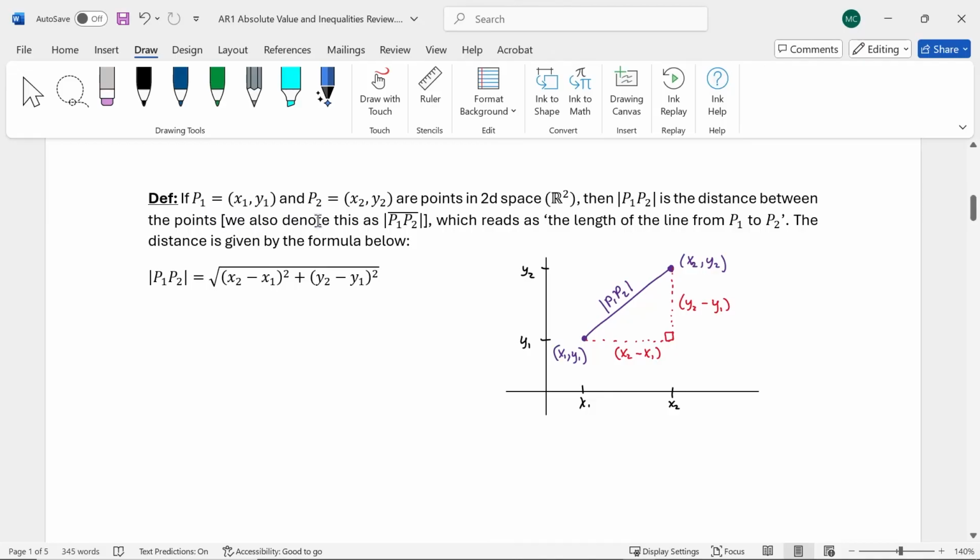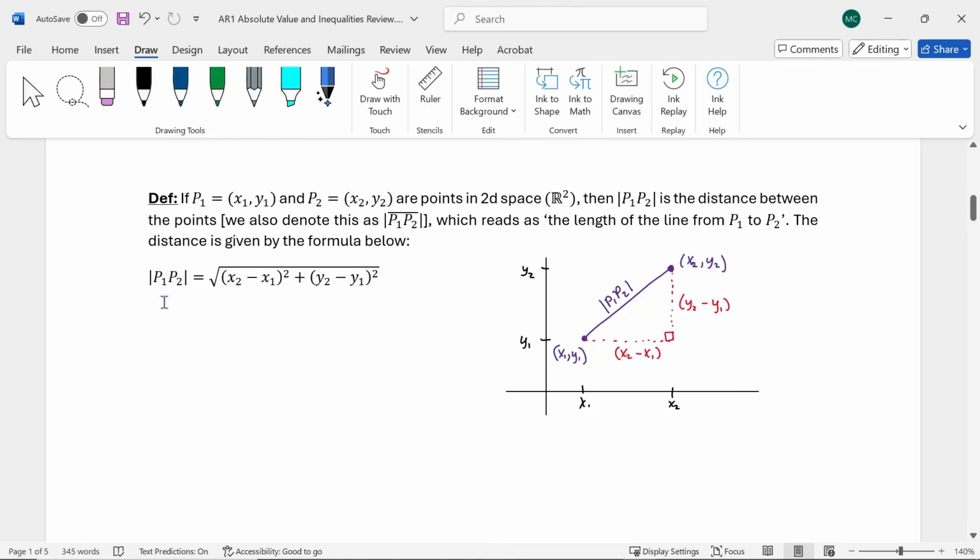So if P1 and P2 are points (x1, y1) and (x2, y2) respectively, then the distance between P1 and P2, that's the distance between the points, we're also going to denote this as P1P2 with a bar over it. Now, how do we read this? We read it as the length of the line from P1 to P2. Right? That's another way to read this. We can think of it as the distance between P1 and P2, or the length of the line from P1 to P2. And that distance is given by the formula here.